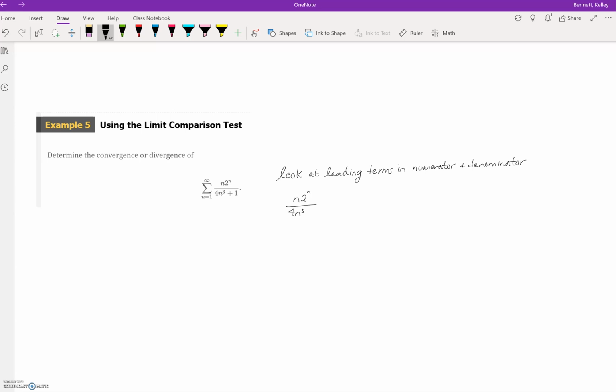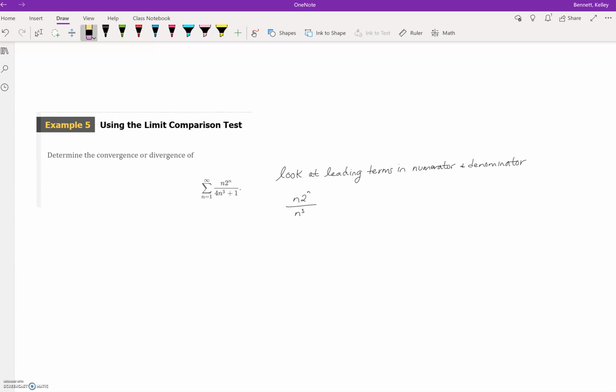So from here, I'm also going to omit the 4 as well, right? I'm going to scrap the 4 because multiplying a limit by a scalar multiple is not really going to change the convergence or divergence either.